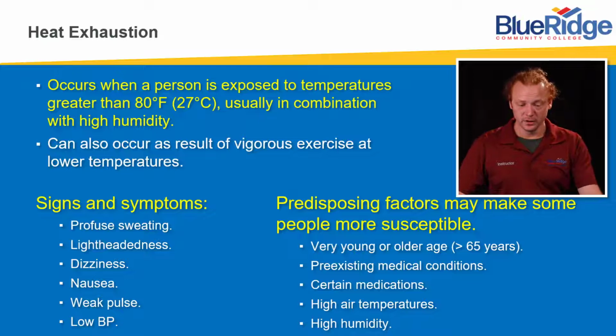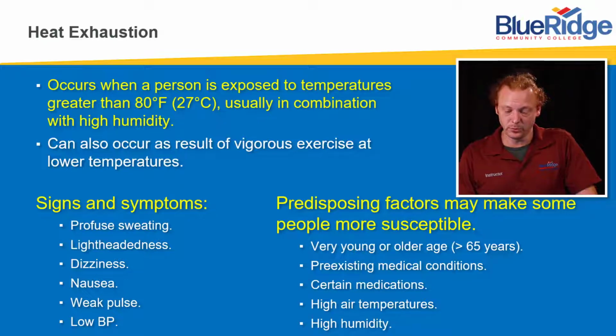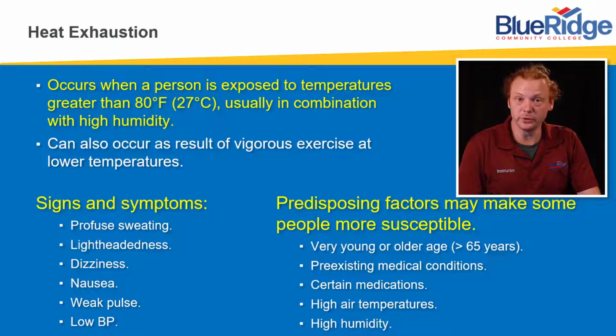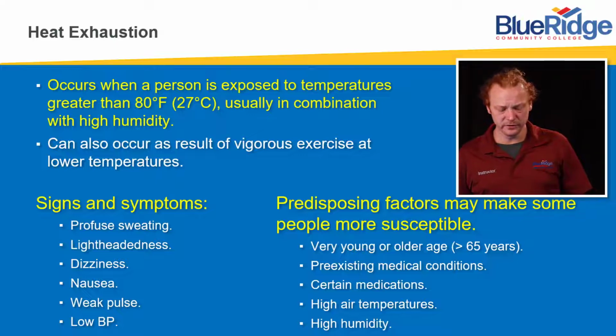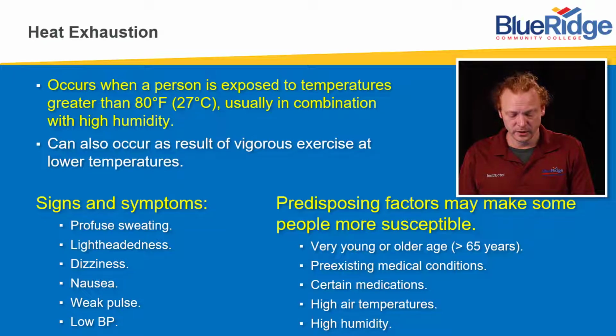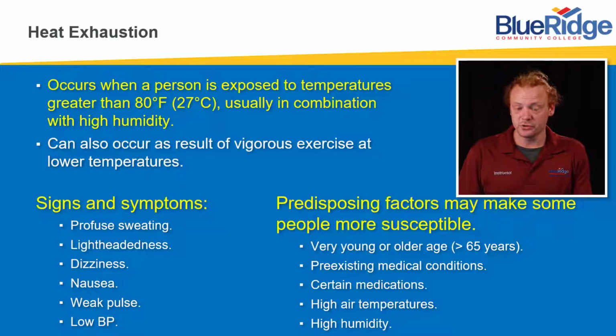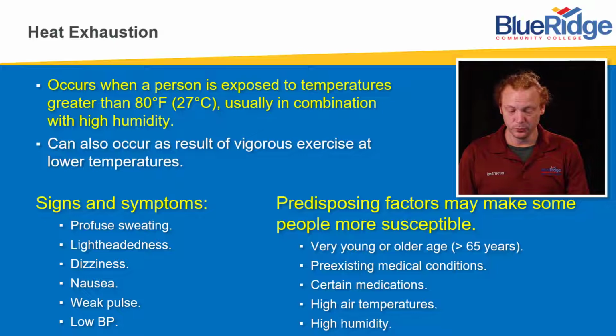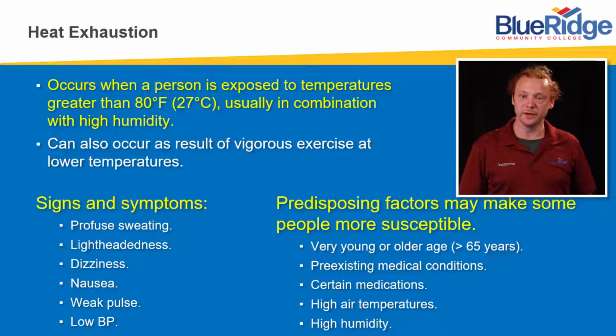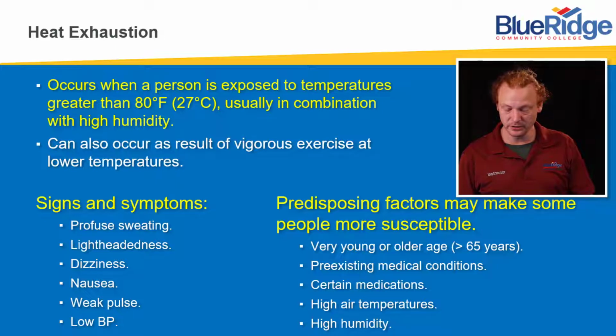Predisposing factors may include: some people are more susceptible to heat-related illnesses, including very young or older patients, typically greater than 65 years of age, pre-existing medical conditions, certain medications, high air temperatures, or high humidity, which reduces the ability to evaporate or exchange heat loss through evaporation.